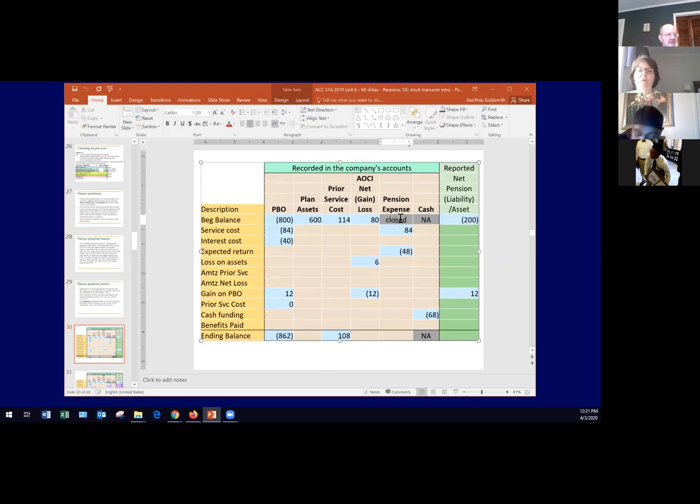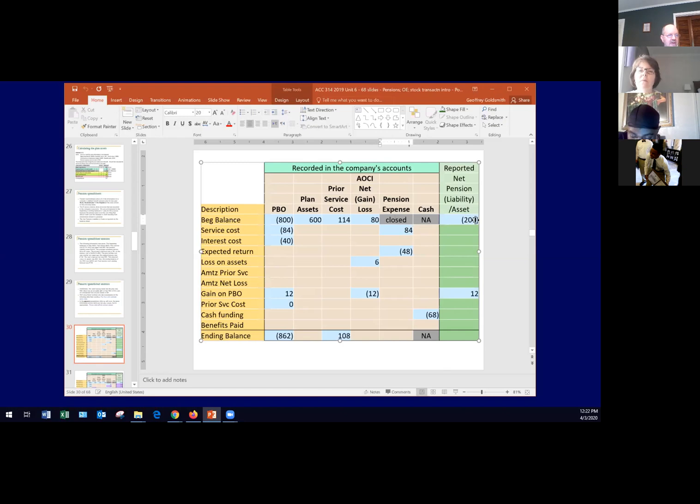They didn't tell us this, but the pension expense account at the beginning of the year would be closed, because all expenses were closed at the end of the last fiscal year, and so it always starts off with a balance of 0. Cash, we don't know the beginning or ending balances because pensions are not the only thing that cash is collected for or paid for.